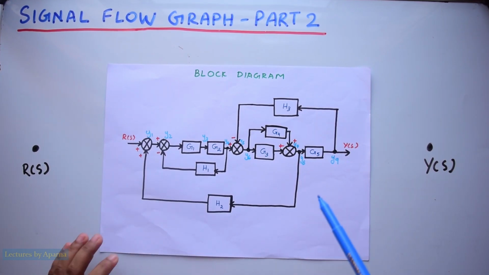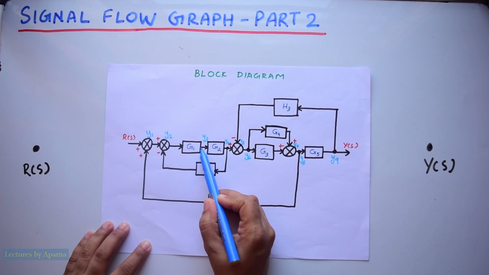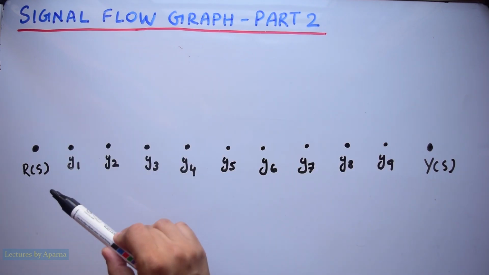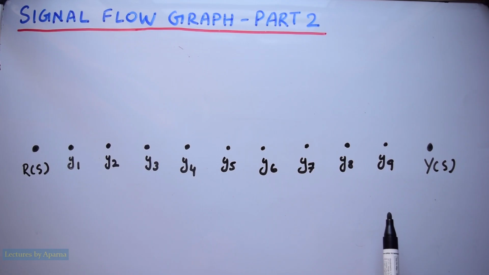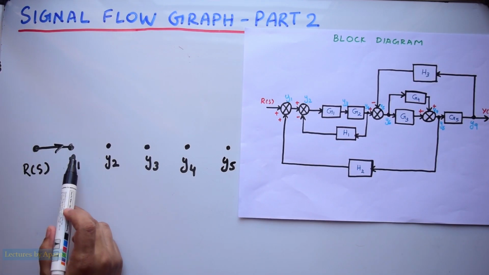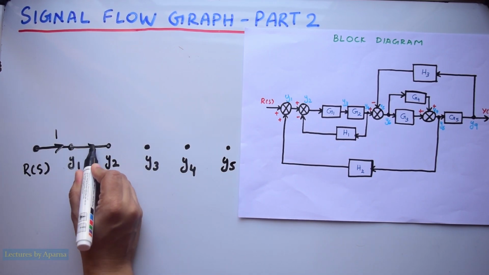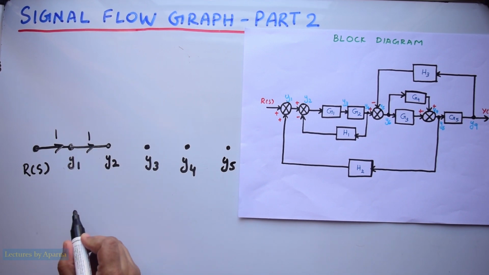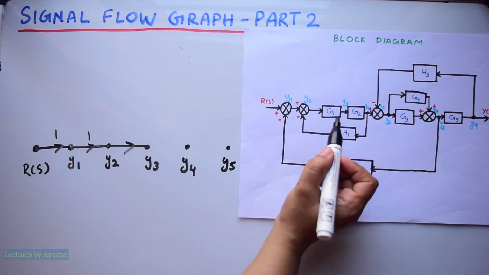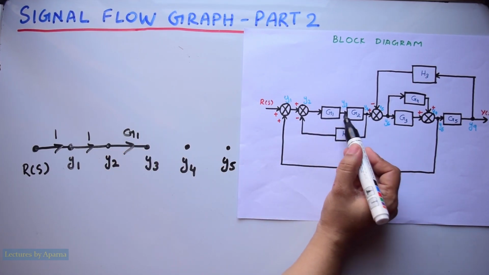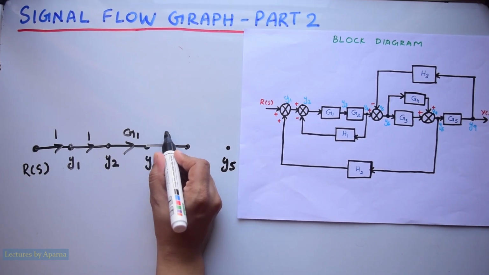One node will be made by the variable between the blocks G1 and G2. So that is node Y3. Now we can mark the nodes in the signal flow graph. I have marked nodes Y1 to Y9 in the signal flow graph. Now we have to draw the directions and mark the gains. From R of S to Y1, the gain is 1. From Y1 to Y2, the gain is 1. From Y2 to Y3, the gain is G1. From Y3 to Y4, the gain is G2.